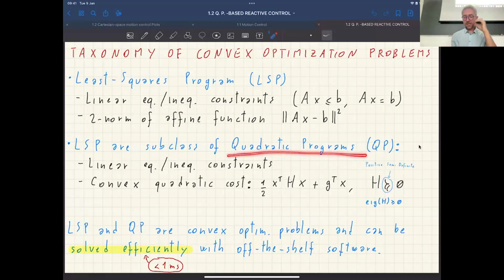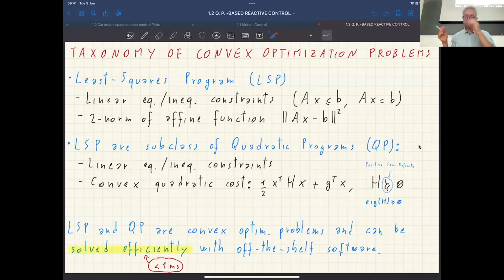Quadratic programs are a more general class of optimization problems which contain least square programs. So least square programs, said otherwise, are a special case of a quadratic program. So in a QP or a quadratic program, we have, again, linear equality or inequality constraints as above.